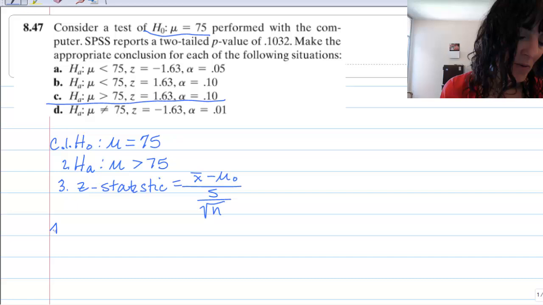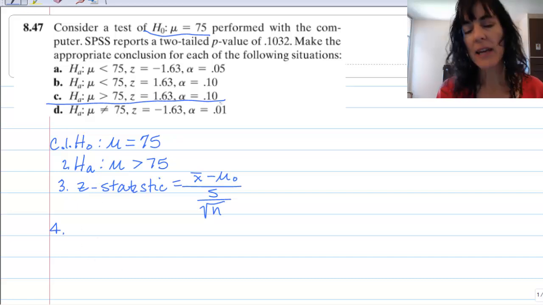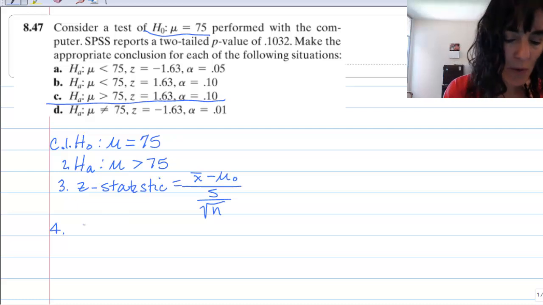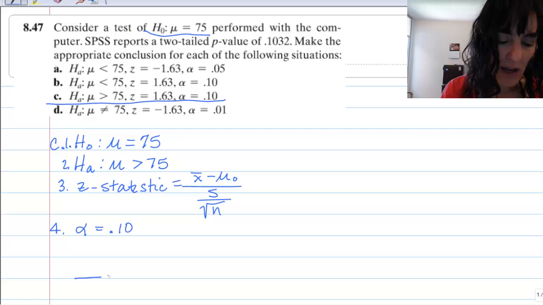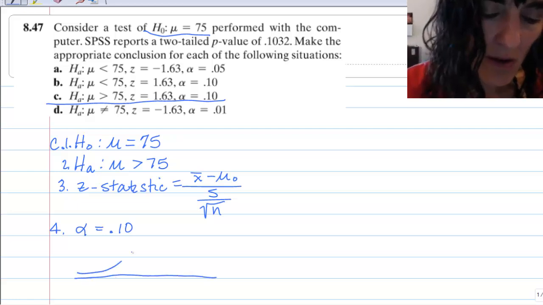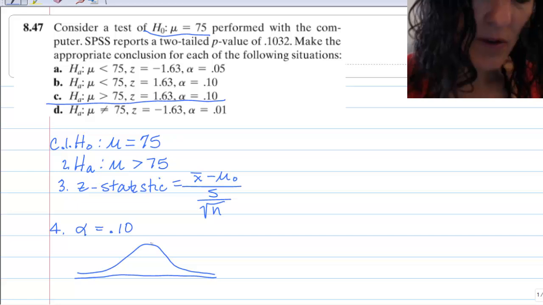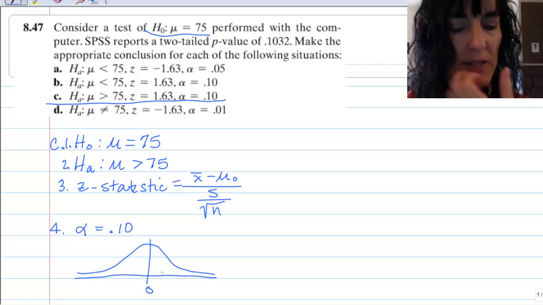And then part 4 is we want to draw. In this case we're doing alpha equals 0.10, so I'll create my drawing there. I know that's my 0.